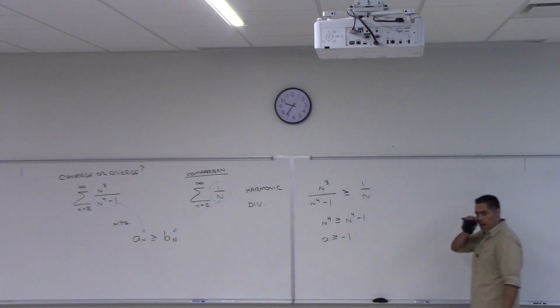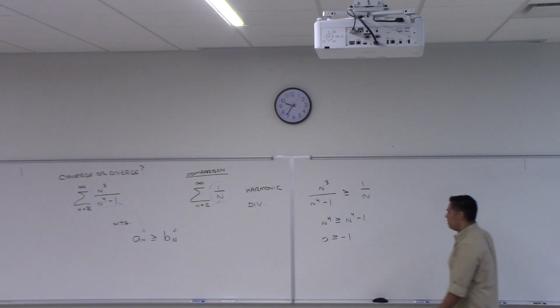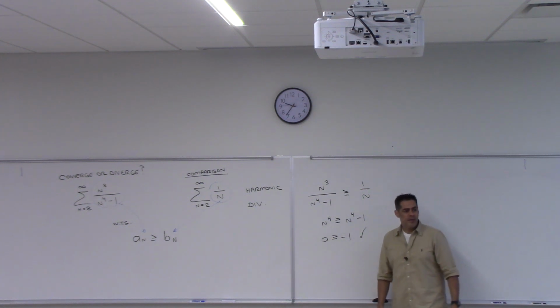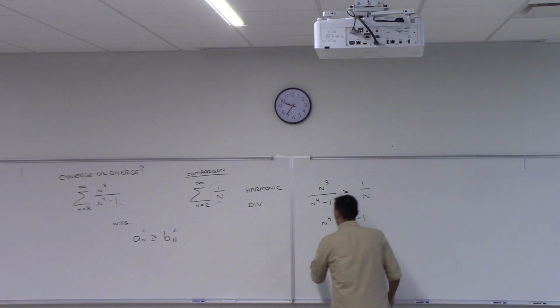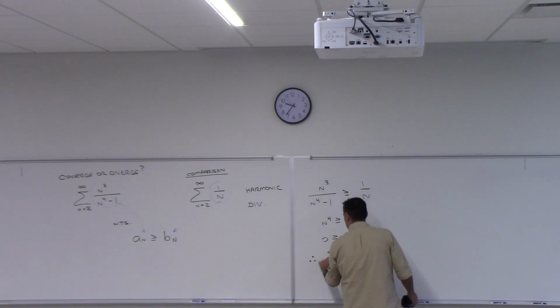Is that true? Yeah, that's true, 0 is bigger than negative 1. That means that it diverges. So therefore, by this comparison test, the original series we were looking at must do whatever the other one did.